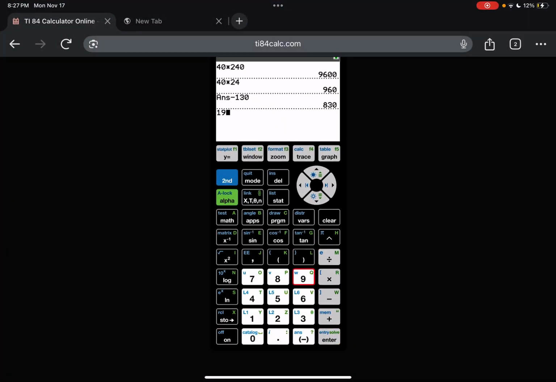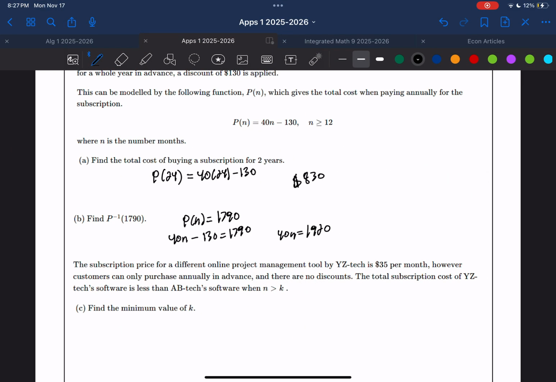If we do 1920 divided by 40, it'd be 48. So P inverse of 1790 equals 48. In other words, you need to buy a subscription for 48 months, and then the cost will be $1,790.